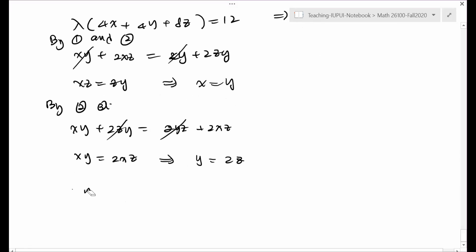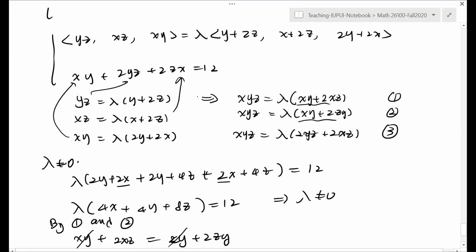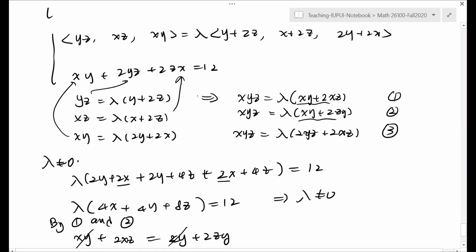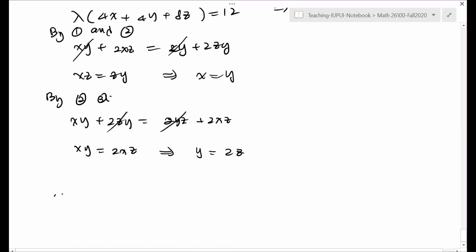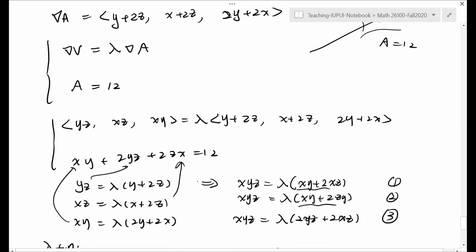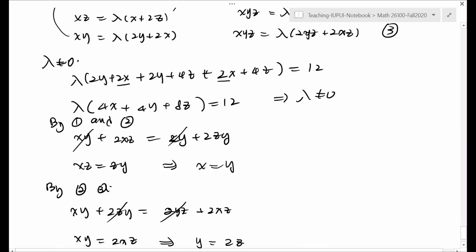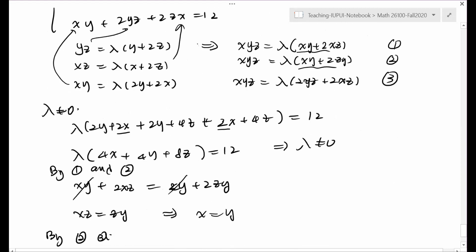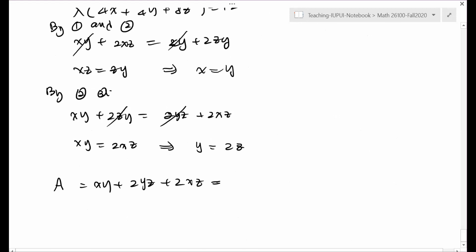Let's go back to restriction A. A is going to be the last equation, xy plus 2yz plus 2xz, right? Remember this. This should be equal to 12.